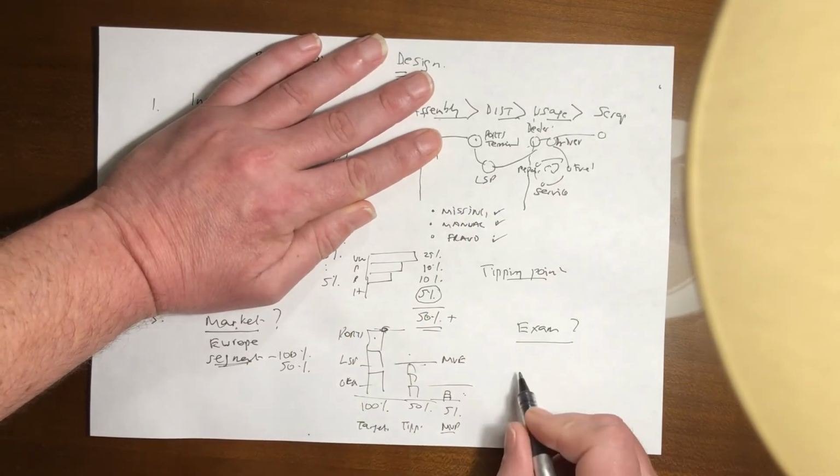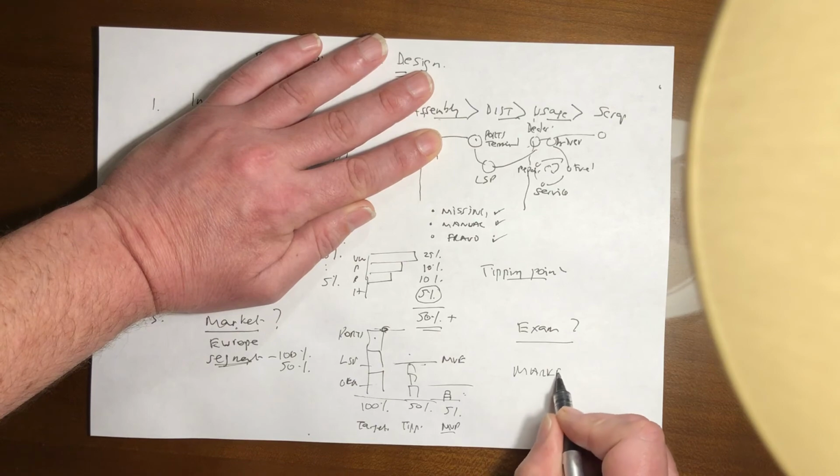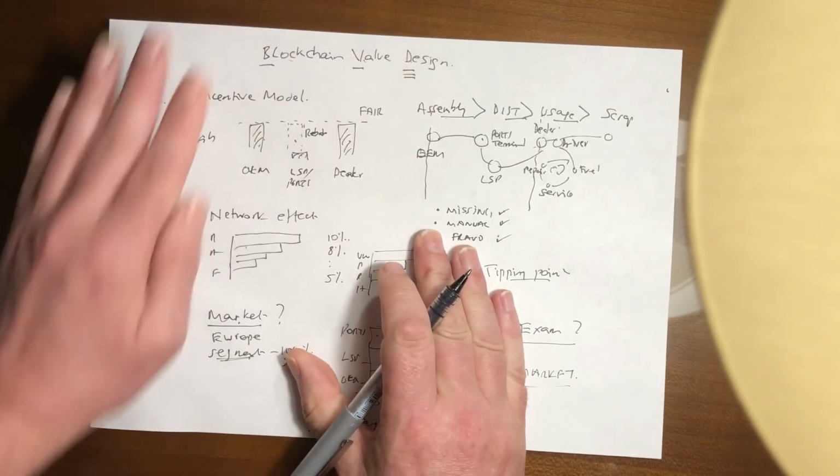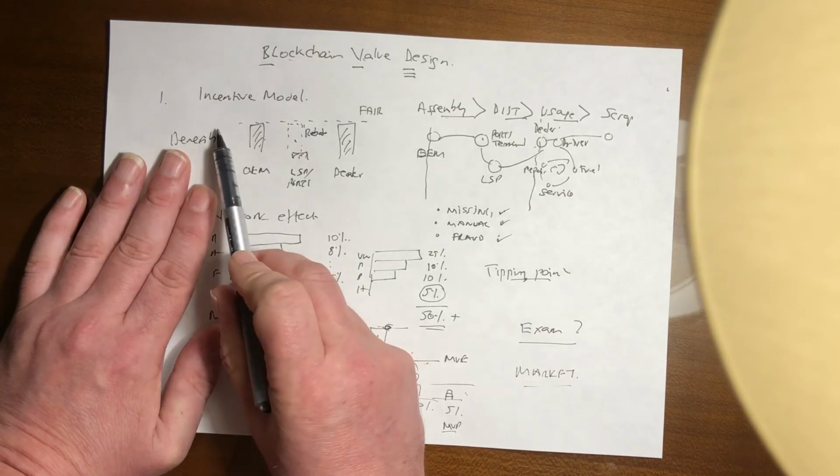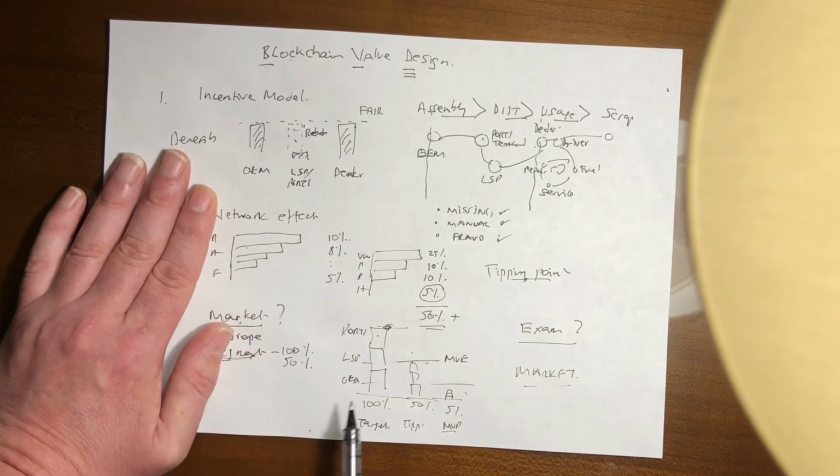What is the market size? Do we have an understanding of the tipping point, and can we design a fair incentive model to make everybody wish to participate? That, in a nutshell, is what's different about building a business case for blockchain as opposed to any other technology.